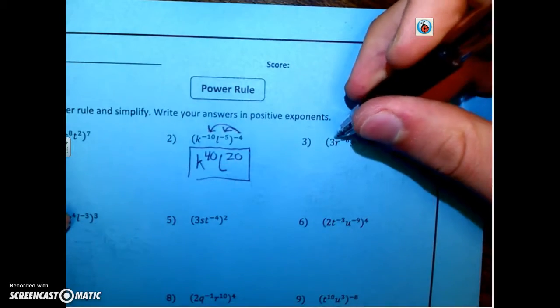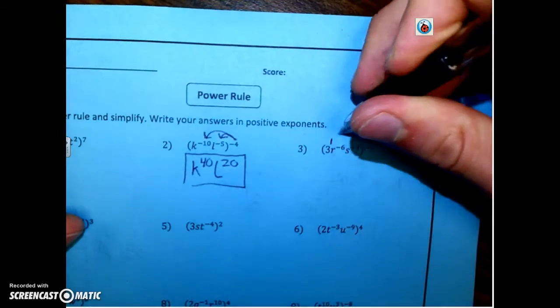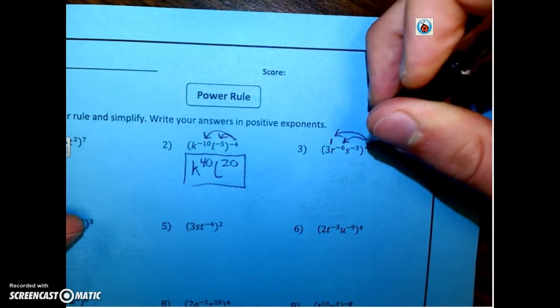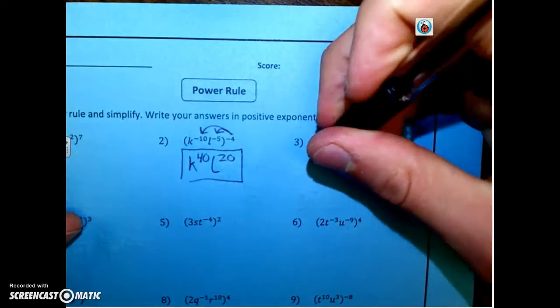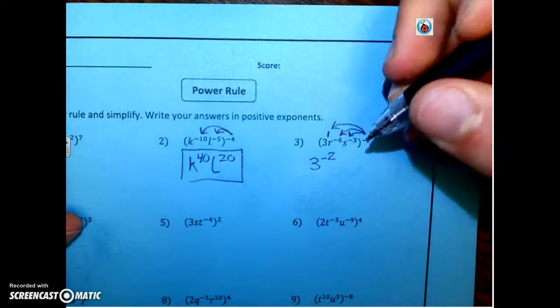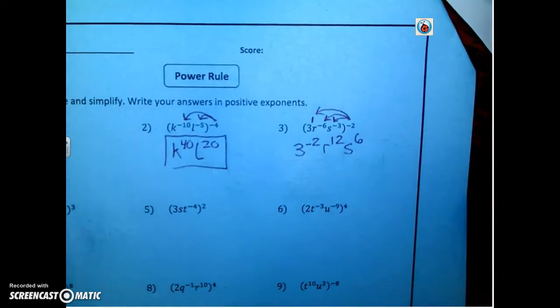All right, even if we don't see it, remember, regular numbers do have an exponent. They have an invisible 1. So we must multiply by all 3 of these here. All right. So 1 times the negative 2 gives me a 3 to the negative 2nd power. And I'll have an r to the 12th, and I'll have an s to the 6th power.